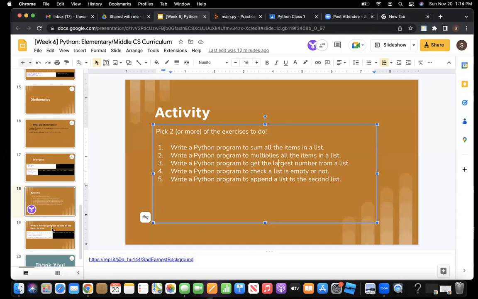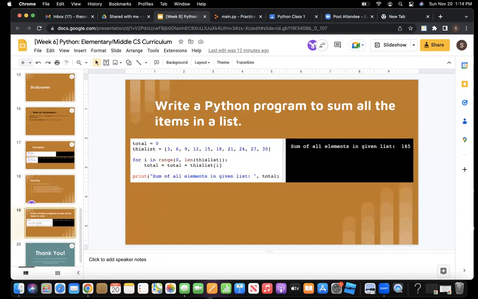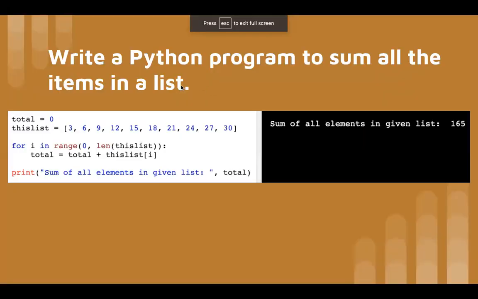All right, so that was our activity. I think here we have an example of the first problem. I do want to note that this does still work. I think this takes a little bit more programming. So what they did here is they figured out the length of the list, and then they created a range using it.